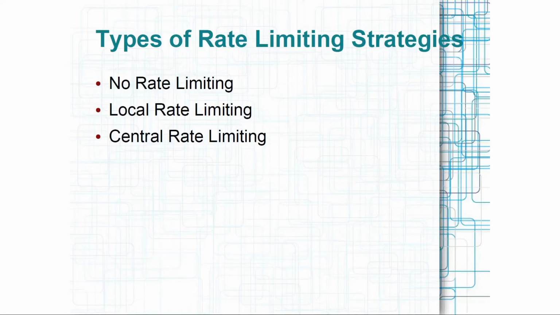So now we have come to the end of this video. Let us look back at the three types of rate limiting strategies that we had. First was to not have any rate limiting at all. So this is very easy to implement but has its drawbacks, as in it cannot prevent servers from crashing if there are a lot of requests coming in.